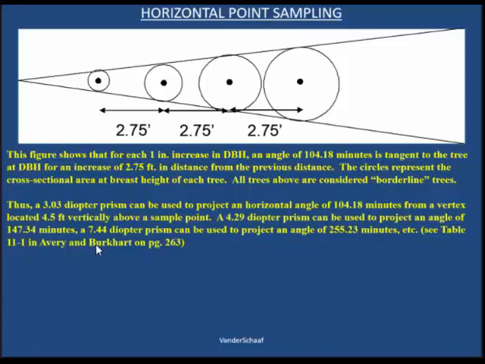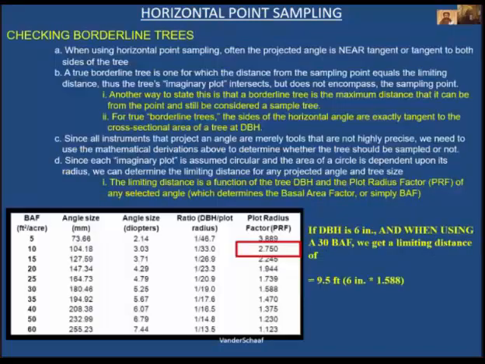A 3.03 diopter prism can be used to project a horizontal angle of 114.18 minutes from a vertex right here, located 4.5 feet vertically above a sample point. A 4.29 diopter prism can be used to project an angle of 147.34 minutes. A 7.44 diopter prism can be used to project an angle of 255.23 minutes, etc.